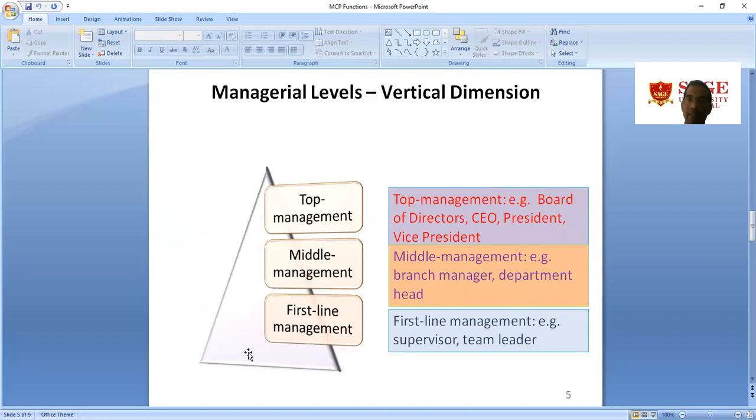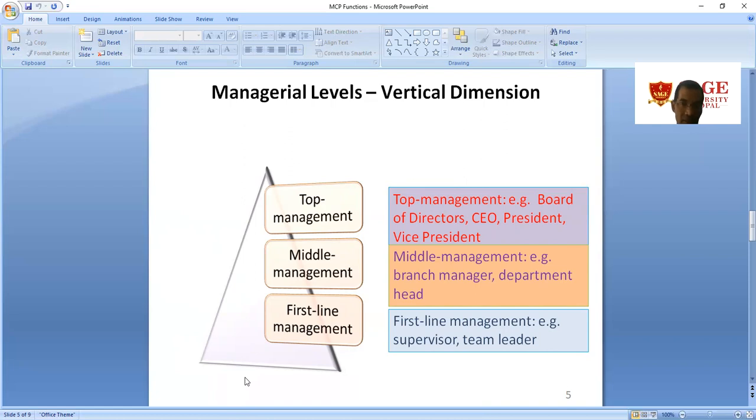When we have managerial functioning, or a complete organization, we have to be very careful about the managerial level: to whom we are talking, who will be responsible, who is authorized. Management is categorized into different levels called top management, middle management, and first-line or frontline management.